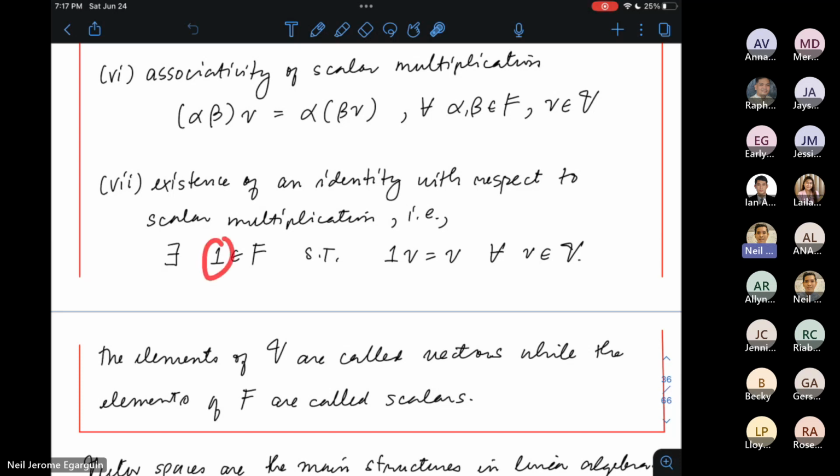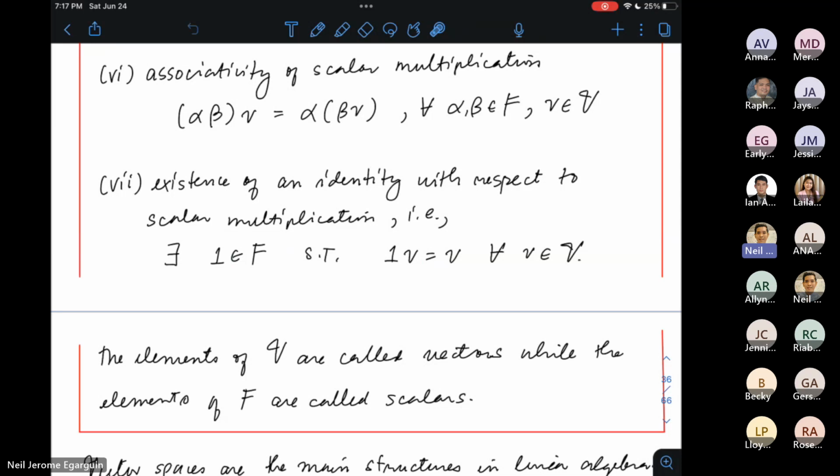But the one here is essentially the identity with respect to scalar multiplication. This one should preserve the identity of the elements of capital V after scalar multiplication. Right? So C1, siya yung element ng field na pag minultiply mo sa kahit na anong element ni V, ang sagot ay yung element pa rin na V na yon.